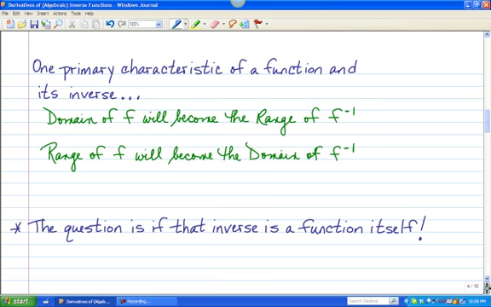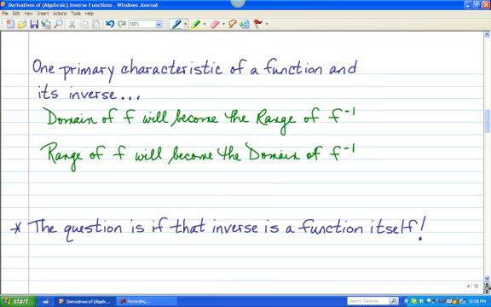But as we saw with that relation that I provided you as an example, once you flip-flopped the x and the y and found the inverse, that inverse was no longer a function. And that does become an issue. You cannot just assume that the inverse of any function that you start with is going to be a function as well.